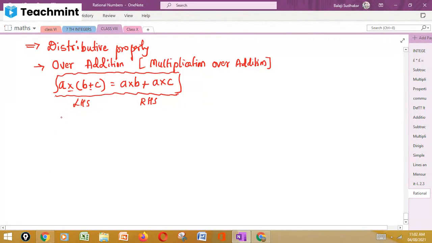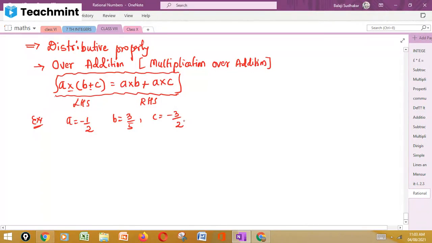Now I want to prove whether the distributive property over addition is satisfied or not. First I take any three rational numbers: A as minus 1 by 2, B as 3 by 5, and C as minus 3 by 2.